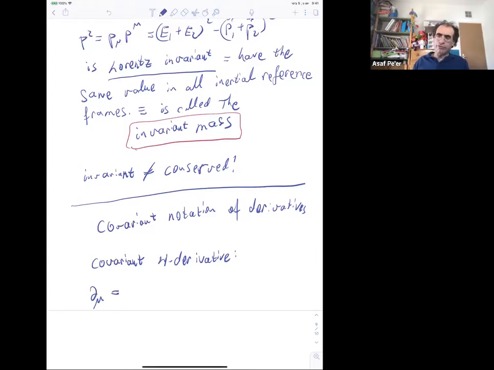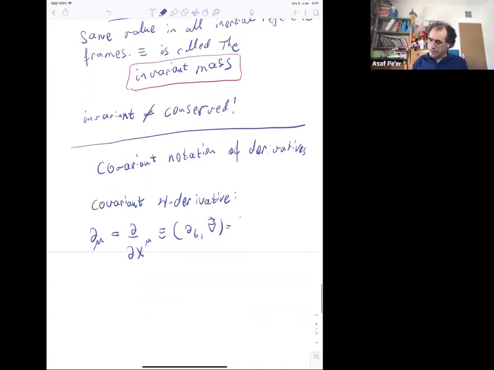is d mu. This is the way I write it, with mu as a subscript. Again, pay attention to the location. Another way of writing it is d over dx with mu now as a superscript. This is just dt and nabla, so just dt, dx, dy, dz. d is a partial derivative, that you're all familiar with, and dt is just d over dt, a partial derivative with respect to time.